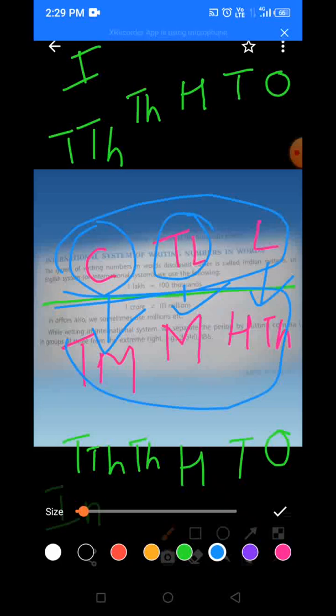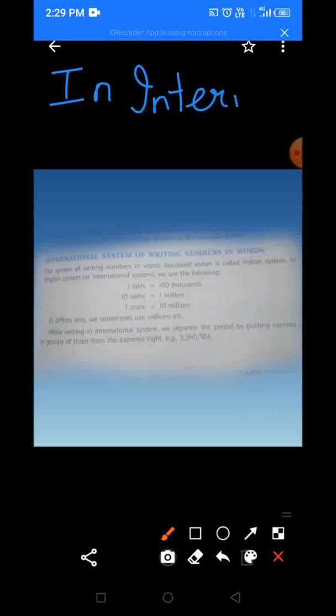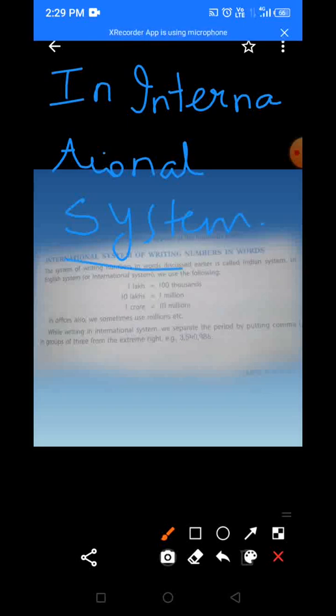Okay, so you will write in your notebook. What will you write? In international system, and you will underline this international system.